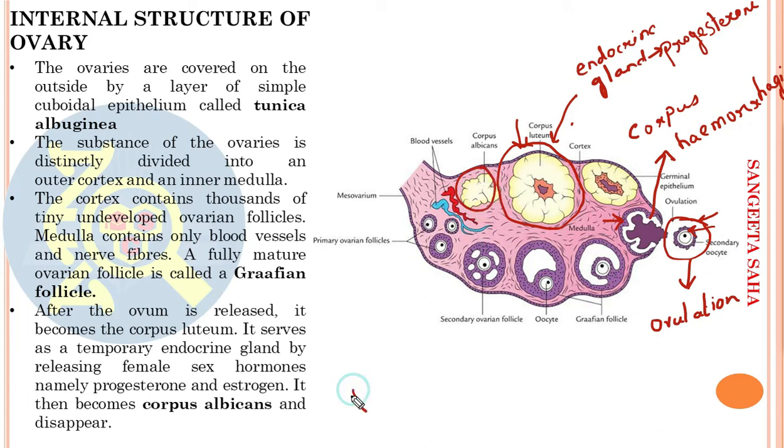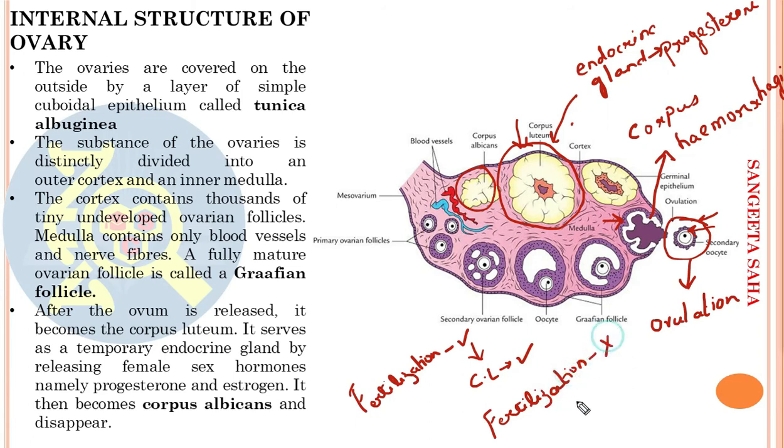So if fertilization occurs, then the corpus luteum will be present. And if fertilization is not occurring, then the corpus luteum will degenerate, resulting in the formation of corpus albicans.